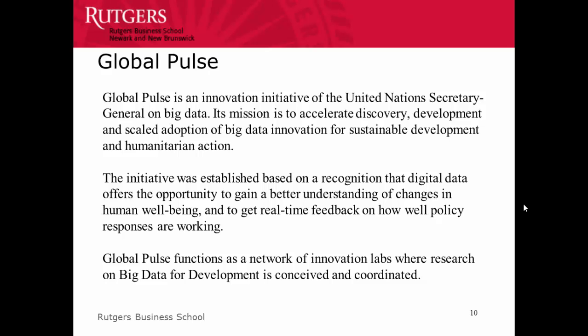And the Global Pulse functions as a network of innovation labs where research on big data for development is conceived and coordinated. So they have scientists all around the world. Some scientists are hired by the United Nations. They work exclusively for the United Nations. But some scientists are researchers who voluntarily participate in such a project because they believe this is something that is good for the whole society.